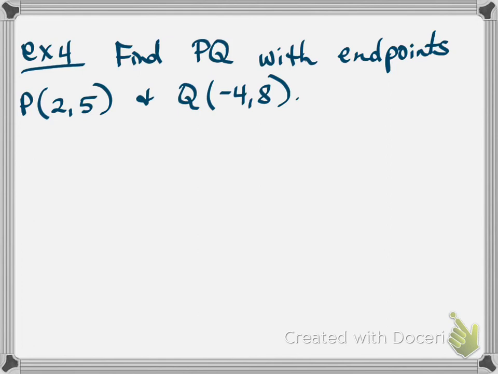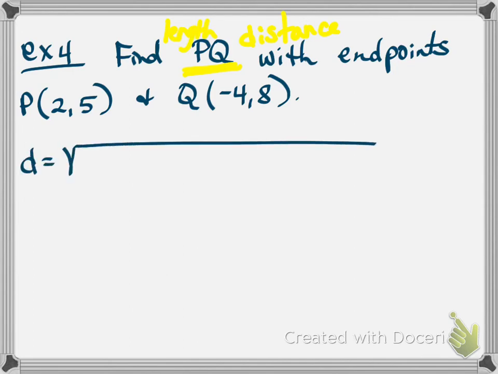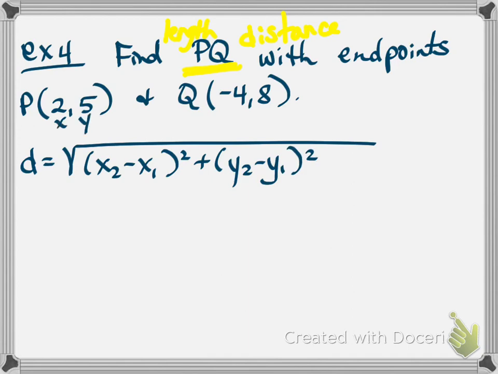Oh, you want me to find the length? That means distance formula. Whenever they ask me to find the length, I'm thinking about the distance formula. So d equals the big square root of (x2 minus x1) squared plus (y2 minus y1) squared. Every point has an x and a y, just like with midpoint, just like with slope.